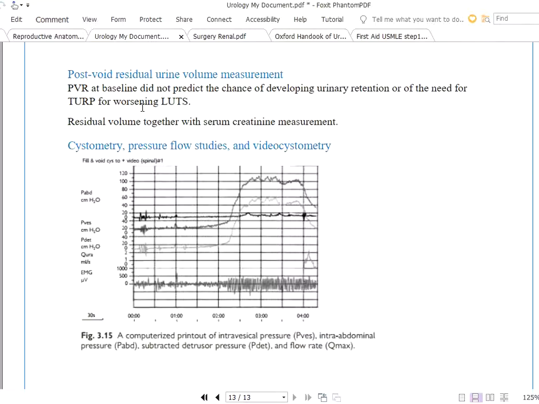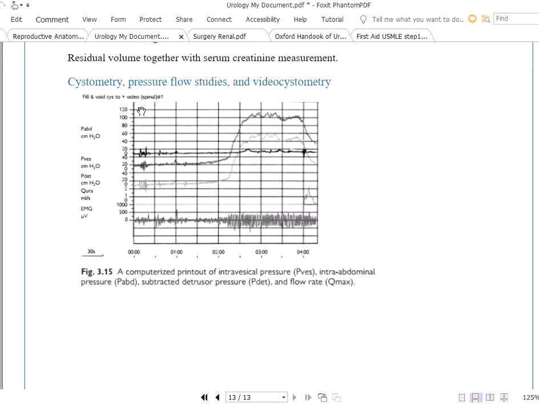The last test done in urological patients is a test that measures cystometry, also pressure flow study and video cystometry.